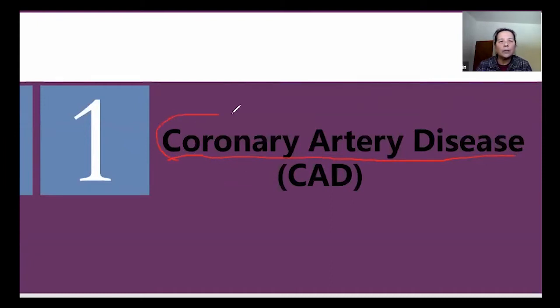Coronary artery is located on the heart. It is a special artery that supplies blood to the heart. They have two branches, one on the left side, one on the right side. That gives the nutrition and the oxygen to the heart.